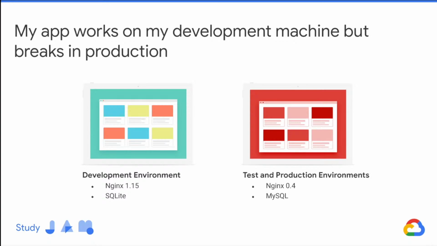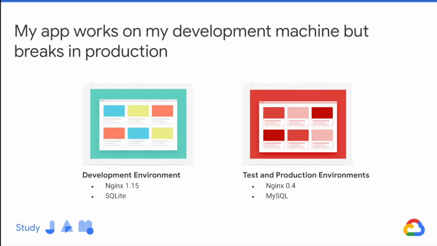The reason is inconsistency in the development and production environment can result in your application working well in your development environment but failing to deploy or run optimally in the staging and production environment.